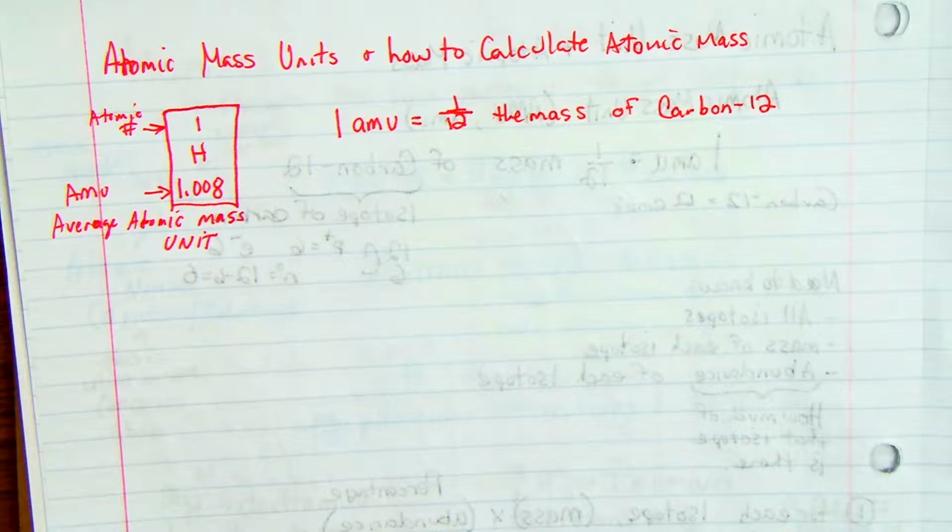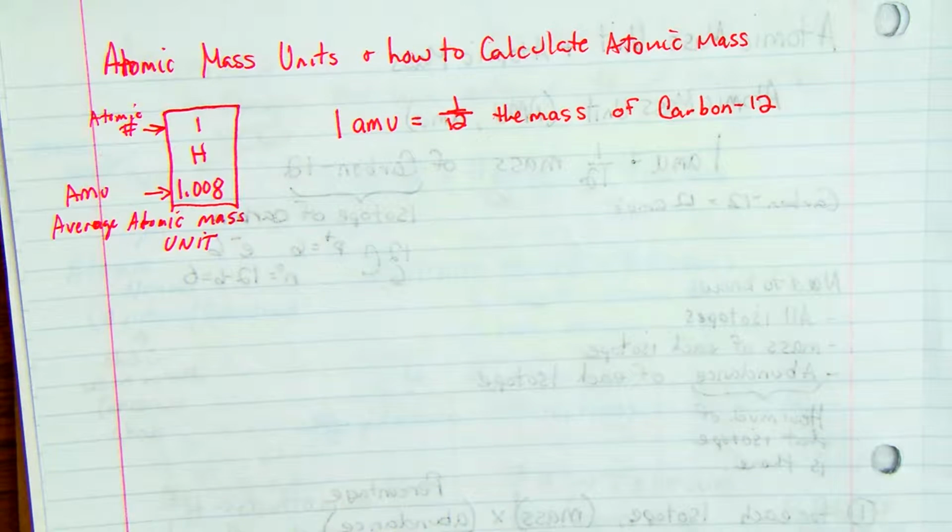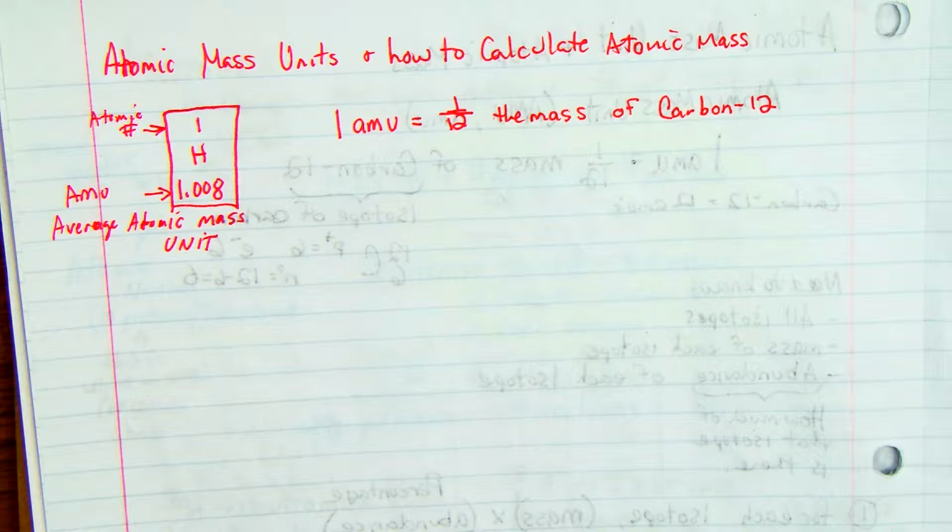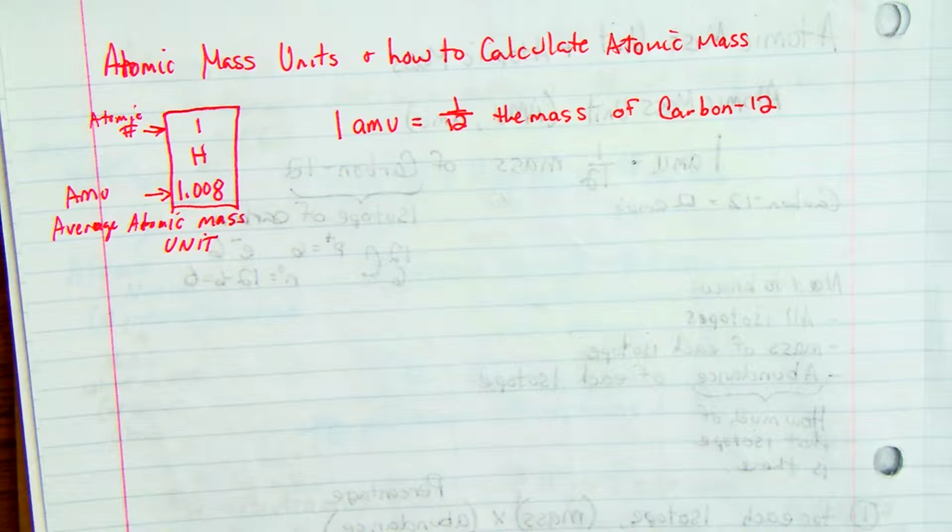So scientists took carbon 12 because carbon 12 was something nice and easy to work with, and they divided it into 12 parts, and they said one part of this is going to be called an atomic mass unit.